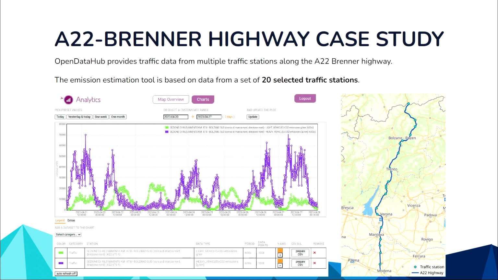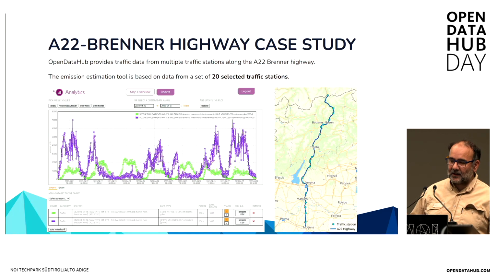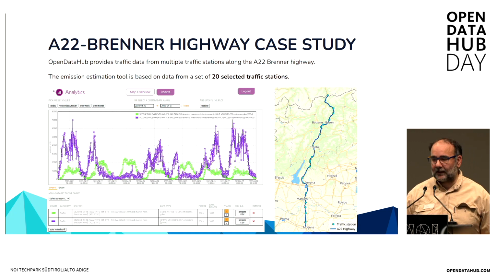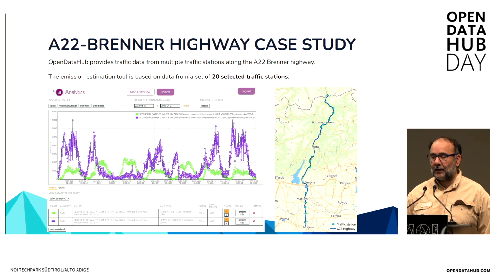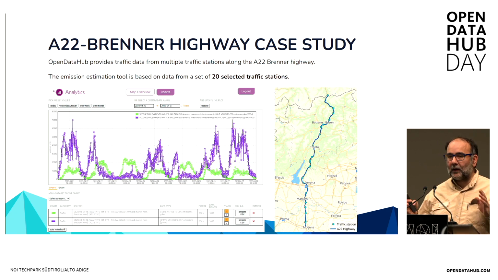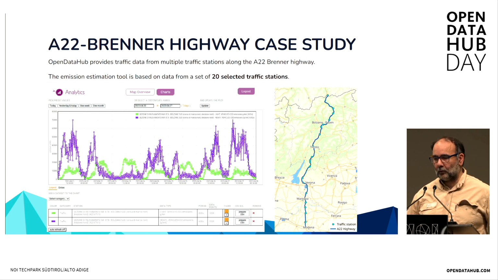The second motivation is that this highway is the most important traffic axle crossing the Alps, so I would say this is a very important and significant case study to understand how pollutant emissions are varying in time and space. So in space across the highway stretch, and in time looking at weekly pattern, yearly pattern, and also daily patterns.